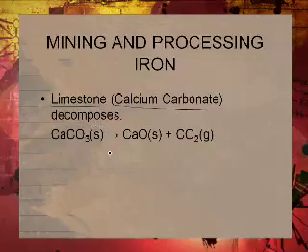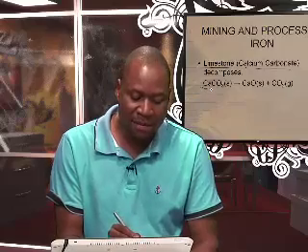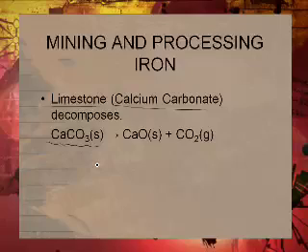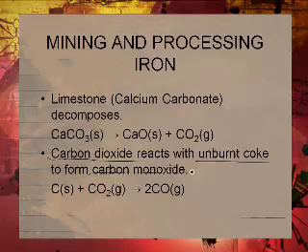Because of that huge heat coming from burning the coke, the calcium carbonate, which is the second component of the furnace, breaks down into calcium oxide and carbon dioxide. Okay? Then the carbon dioxide is made to react with unburnt coke, or carbon, to form carbon monoxide.